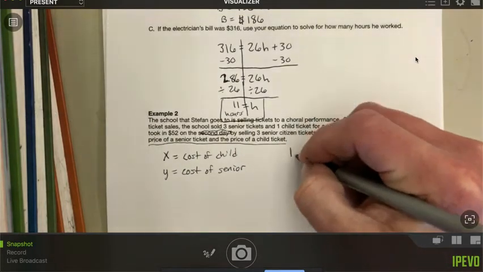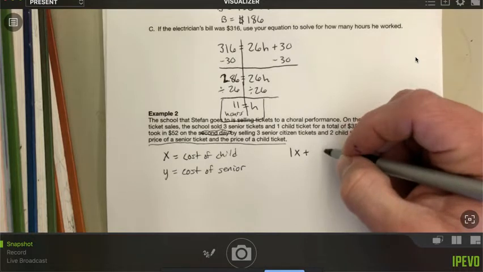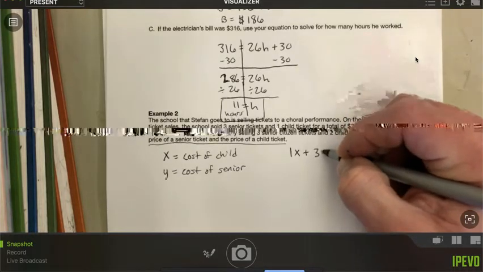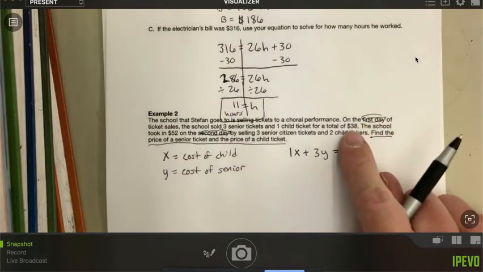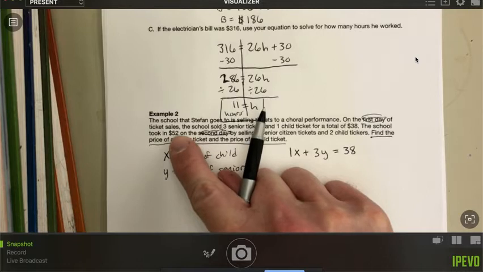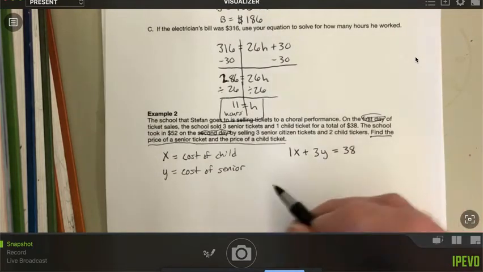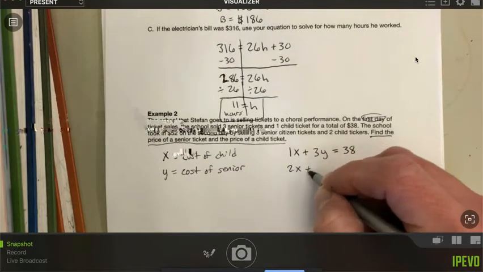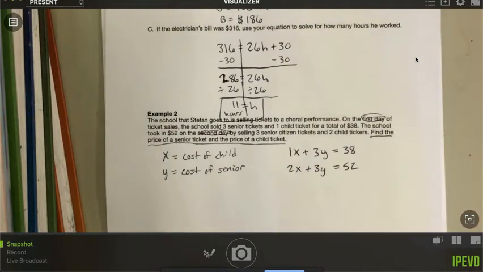So in other words, 1 times the number of child tickets plus 3 times the cost of senior tickets should total up to $38. Now I've taken care of the first day. The second day, the total was $52 for 3 senior tickets and 2 child tickets. So once again, I'm going to have something very similar. And now I have two equations.